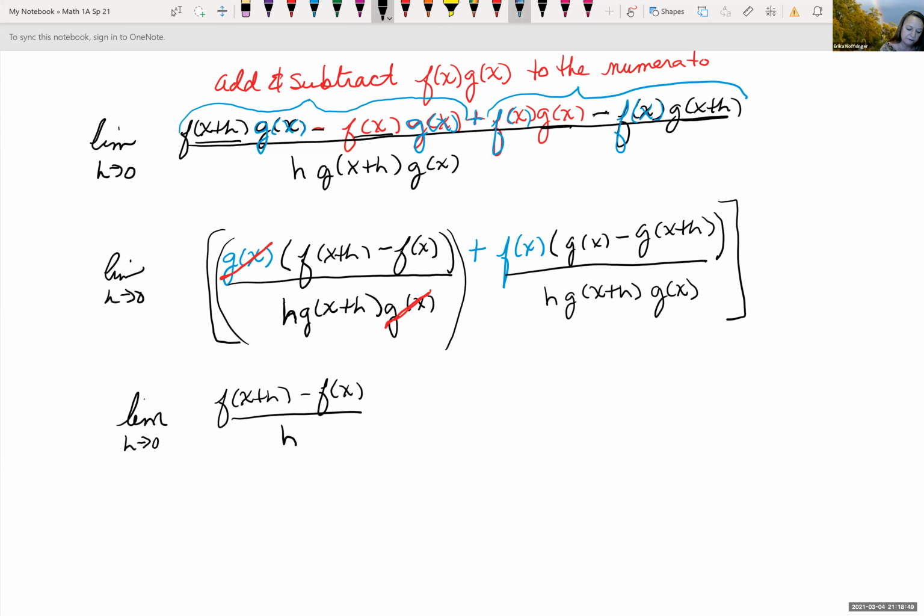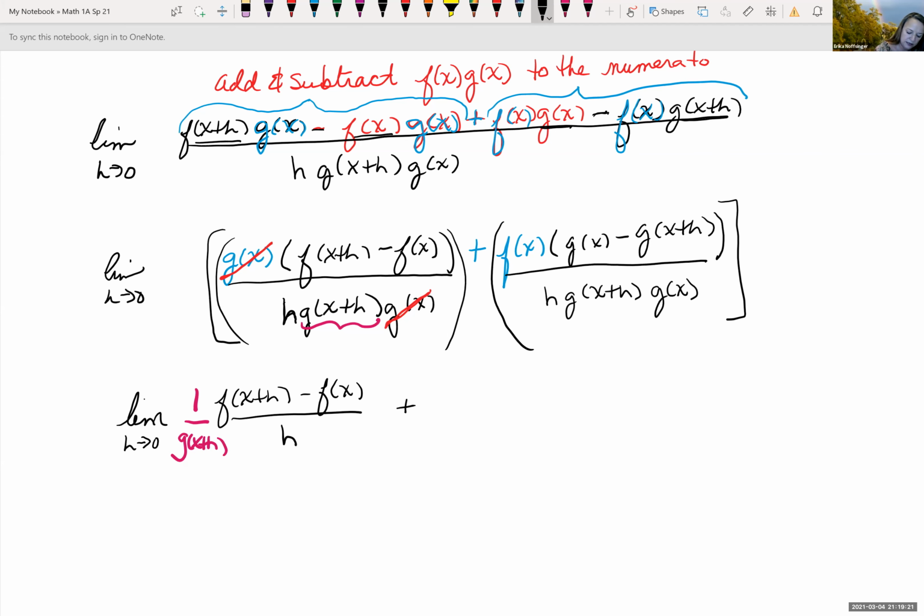So if I pull in front of this another fraction, 1 over g of x plus h. And then remember limit rules, that we could rewrite this limit of a sum as the limit of each piece. So limit of the first plus the limit of the second. So let's go ahead and do that.